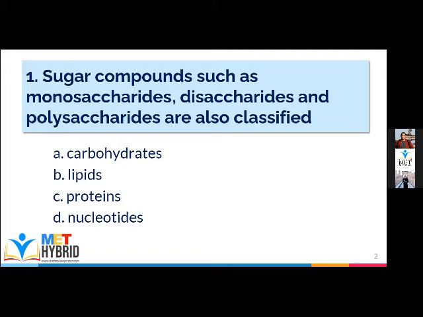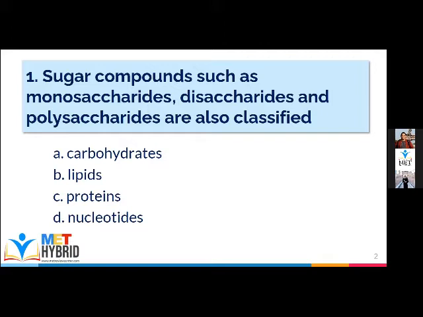And then lastly, you have nucleotides. Yung nucleotides po natin ay nakikita sa genetic materials. Our DNA and RNA are made up of nucleotides, in the form of nucleotide bases. In your DNA, you have four different types of nucleotide bases: adenine, cytosine, guanine, and thymine.